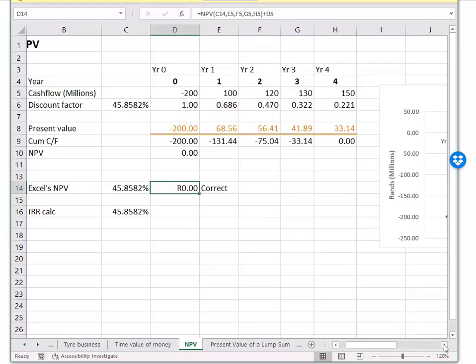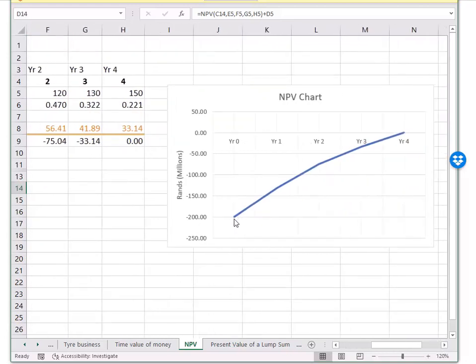And the graph shows the cash flows going from minus 200, finishing exactly on the horizontal line. So if the project looked like this, we would pay 200 million today, and we would just earn back the cost of investment. We wouldn't actually make any profits from it. And you might say, well, all we've done is we've covered our risk.